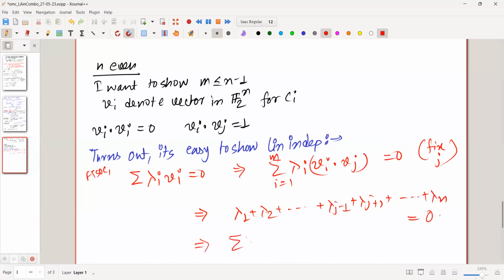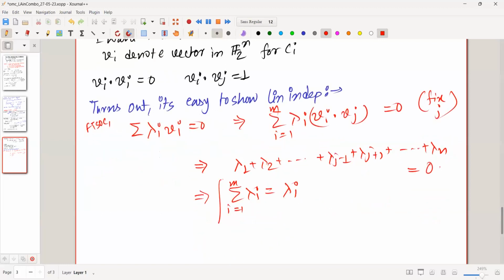So adding back, the summation of lambda_i from i equals 1 to m equals lambda_j, where j was constant.